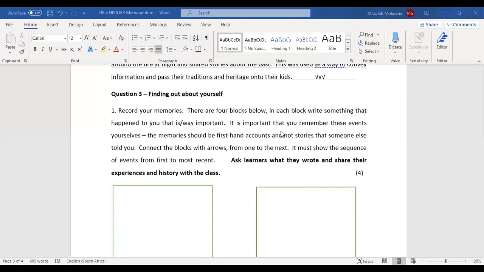It is important that you remember this event yourself. The memories should be a first-hand account, and not stories that someone else told you. Connect the blocks with arrows, from one to the next. It must show the sequence of events.